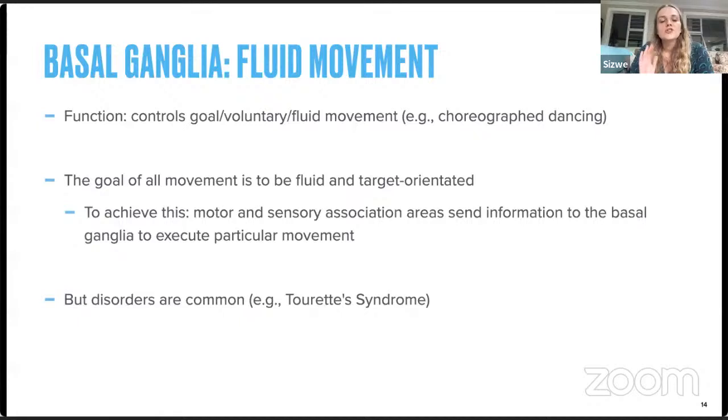Okay. To achieve this, the motor and sensory association areas in our brain, so motor, remember, is the frontal lobe, and sensory association, that's going to be mostly the parietal lobe, are going to send information to the basal ganglia, which is basically here if I drilled a hole in my skull to the middle, to execute a particular movement.